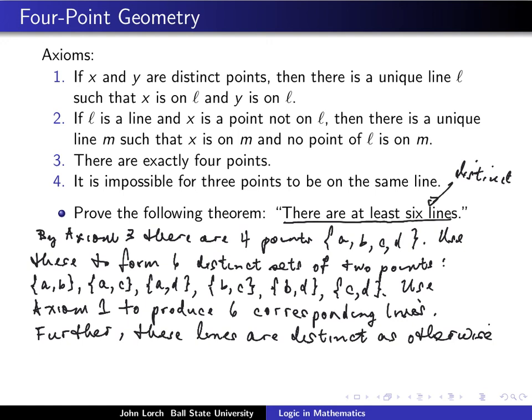For instance, suppose the line corresponding to pair AB is the same as the line corresponding to pair AC. Then points A, B, and C would all be on the same line, and that's impossible by axiom 4. Therefore, the lines are distinct, as otherwise axiom 4 is violated. So that is a proof of this theorem.